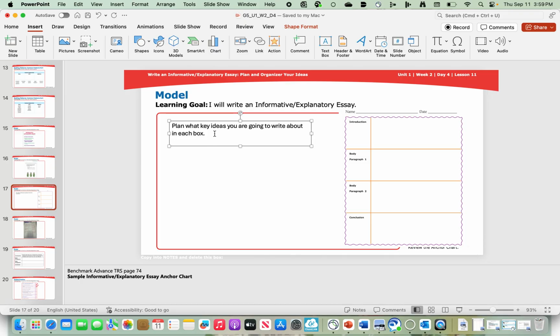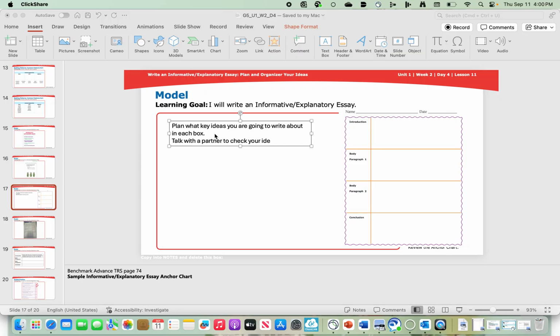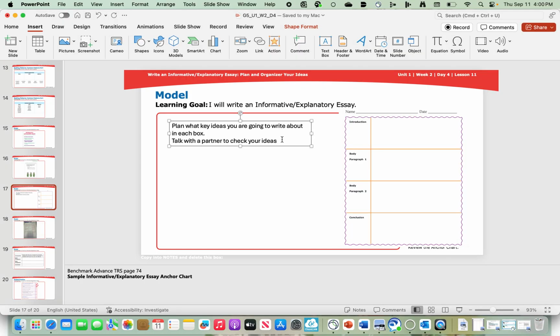After you plan what key ideas you're going to write about in each box, you're going to talk with a partner to check your ideas. Okay, so this is what you're going to do.